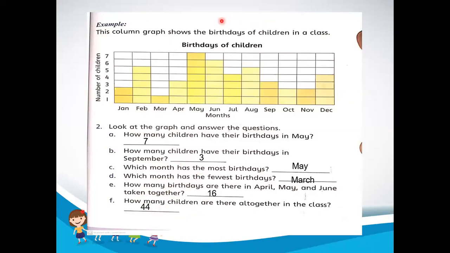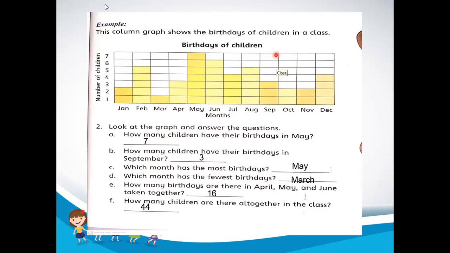Got it? Everybody got it? If everybody has got this example, if you have understood this column graph, tell me in the chat box yes or no. Yes, now, no beta, it is not 43, it is 44.